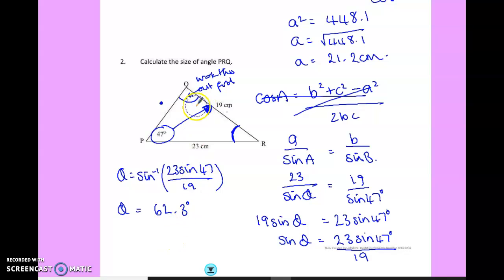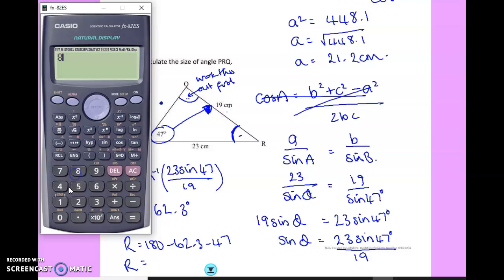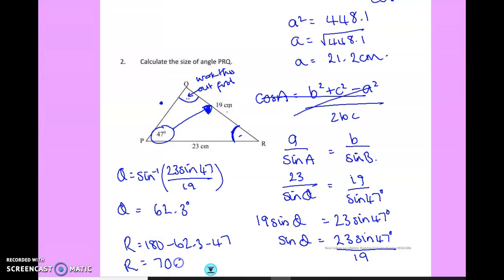Remember, that's not a final answer, that's the size of angle Q. We want to know angle R. To find angle R, we take the other two away from 180. This gives me 70.7 degrees.